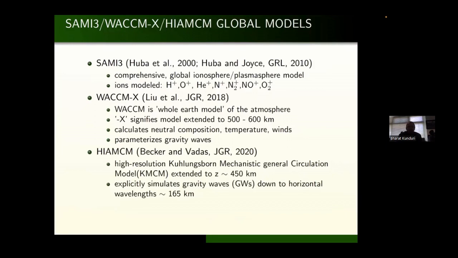It calculates neutral composition, temperature, and winds, and parameterizes gravity waves. And also working with Erich Becker and Sharon Vadas. Erich has a code called HIAMCM, which is a German whole atmosphere model that he's extended up to 450 kilometers, and actually simulates gravity waves from first principles rather than just parameterizing them.